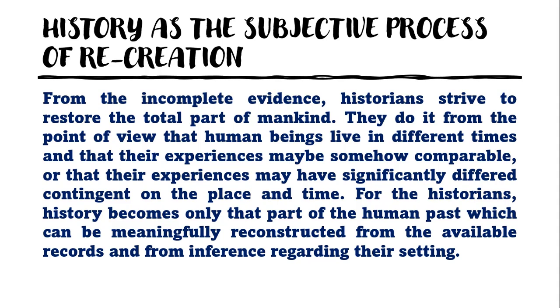So kaya nga sa assignment nyo, we have the primary sources of history and the secondary sources of history, which we will be discussing in the later chapter. So they do it from the point of view that human beings live in different times and that their experiences may be somehow comparable, or that their experiences may have significantly differed contingent on the place and time.